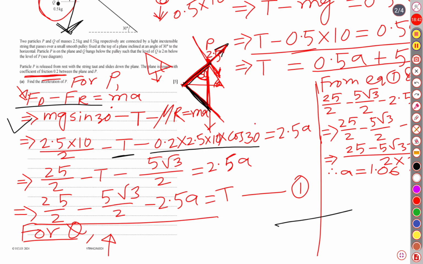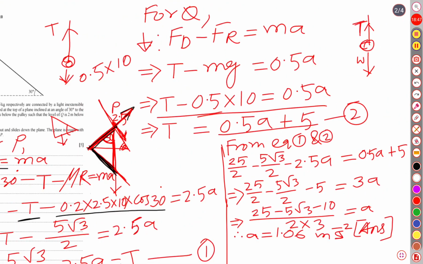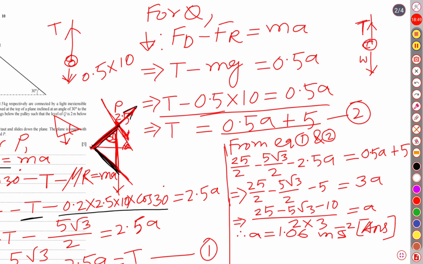Similarly, for the particle Q, we have got one more equation. Let me show the particle Q. Particle Q is actually hanging over here, and there are two forces opposite to each other. The downward force is weight, and weight is mg. The upward force for particle Q is the tension force, as the string is pulling it upward.